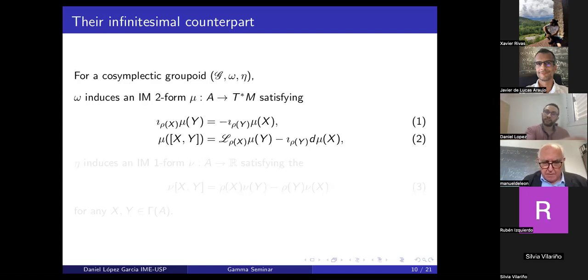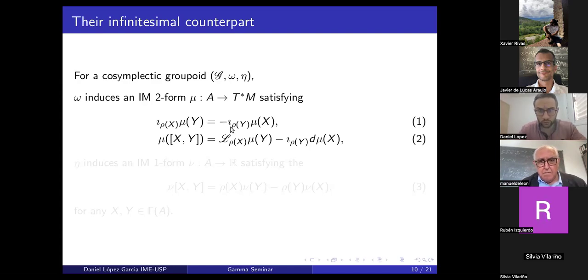Okay, and what is the infinitesimal counterpart of this? Well, if you start with this cosymplectic groupoid, this omega induces an IM 2-form. This is a map from A to the cotangent bundle. I'm not going to explain this equation very much.